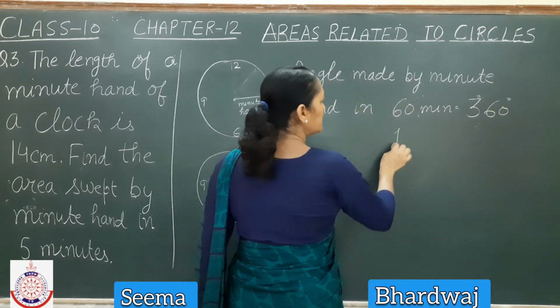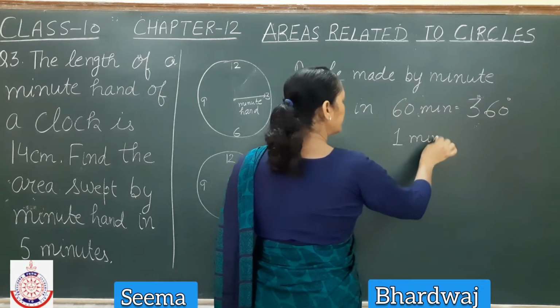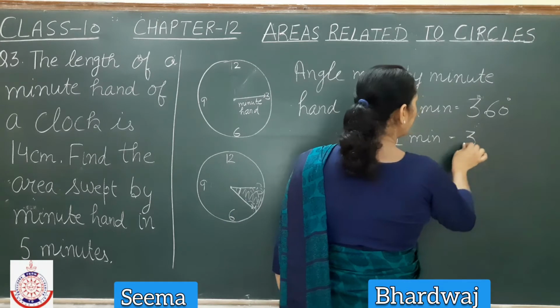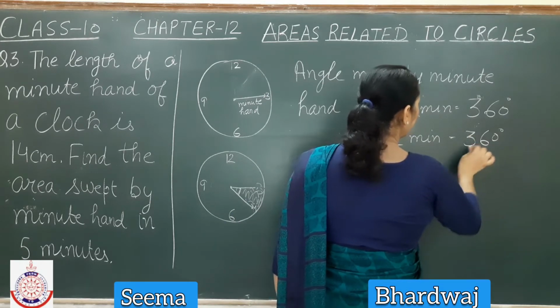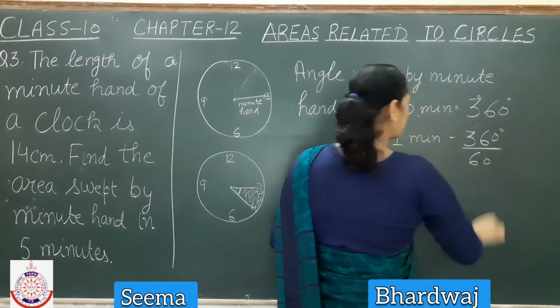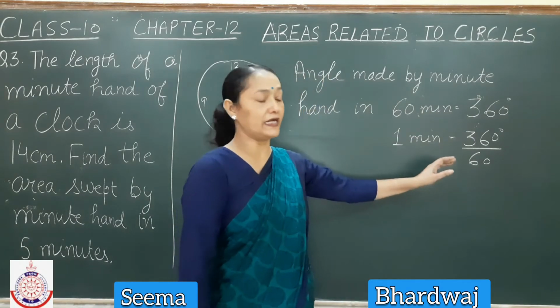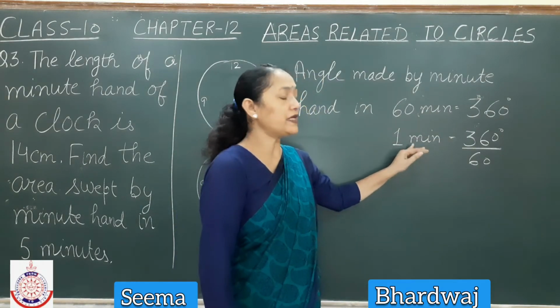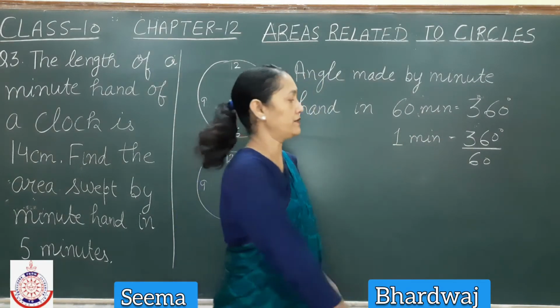Then in 1 minute, how much angle is made? 360 degree divided by 60. So after cutting, we get that the angle swept in 1 minute is 6 degree.